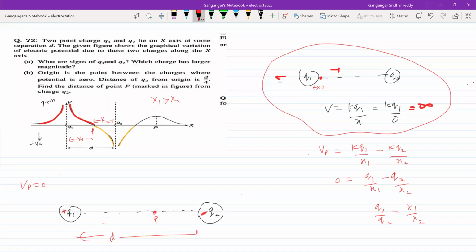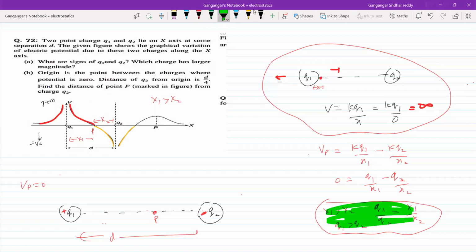Since X1 is greater than X2, so what should be the value of Q1? Q1 should be greater than Q2. Okay, this is the first part of the problem we have concluded.